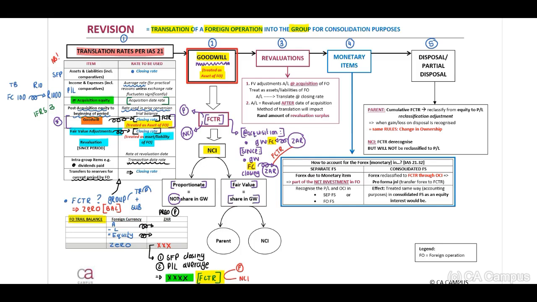Now, when the NCI shares in our goodwill, remember, we will now recognize an FCTR amount relating to the translation of our goodwill. You need to remember that that FCTR amount should be divided and allocated to your parent as well as to your NCI. Now let's have a look at the implication of this on an analysis of owner's equity template.